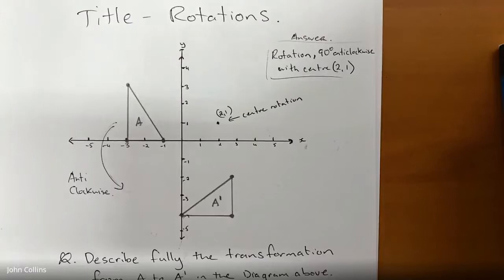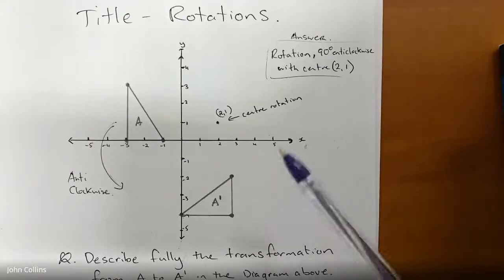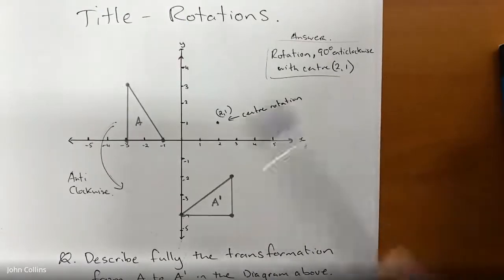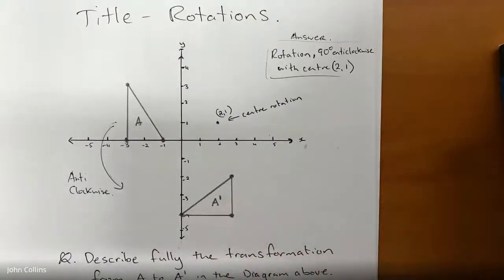Okay, so similar to enlargements and reflections, we started off by describing one that's already been drawn. And now we need to draw one. Do one given the information, we need to draw the transformation. So I'll give you about 30 seconds to finish off any notes you need on this page. If you've done that already, draw once again a similar Cartesian plane on the next bit of your notes.